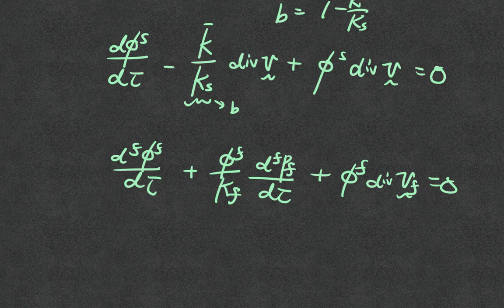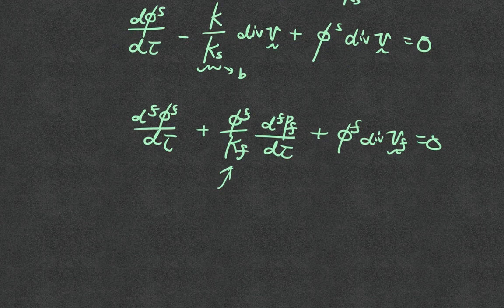You would have the 1 minus term here, but this is different from what we had before as the additional term that we need to consider. And then this is also another term that comes from the pressure term, from the pressure of the fluid.